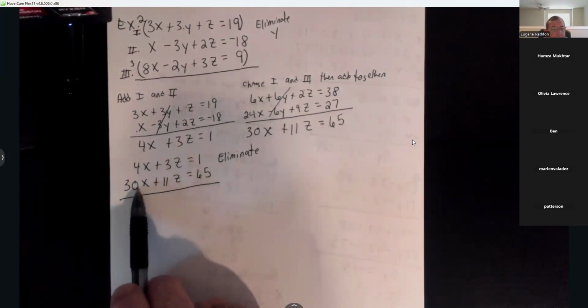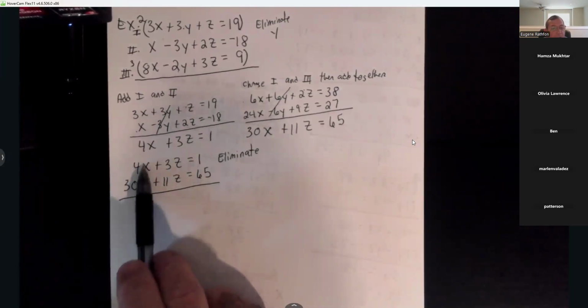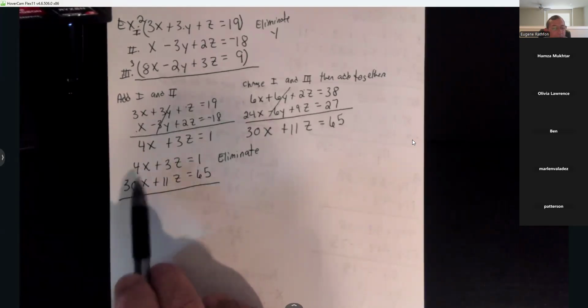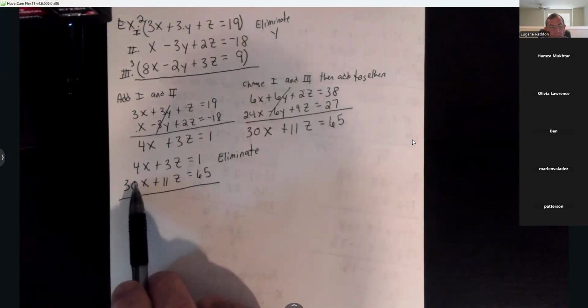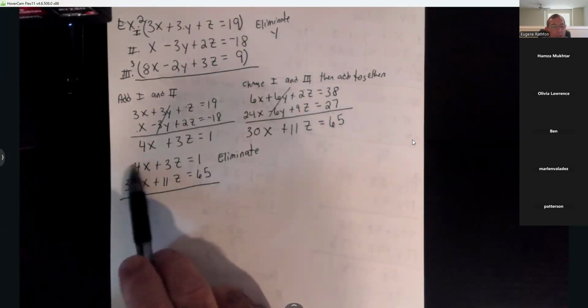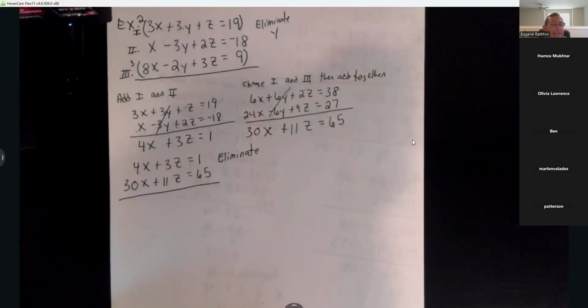So the smallest number that I can change a 30 and a 4 both into, their smallest common denominator, would be 60. Okay? 60 is the smallest number 30 and 4 will both go into.